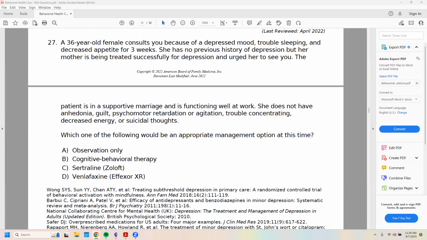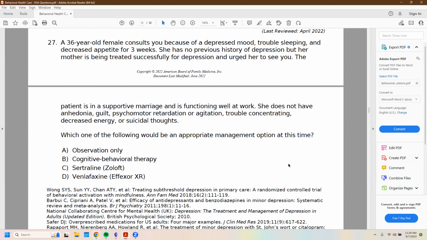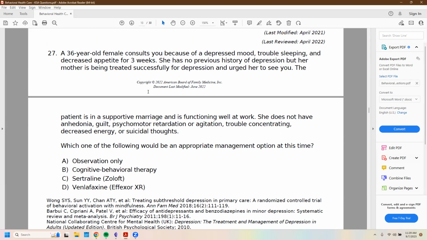It definitely showed up on my boards. But y'all make a good point that it's basically, is she wanting help? Does she think that it's a problem? Is there actually any kind of impairment at all, or is she literally just sad? And that's it. So, the answer is actually A.